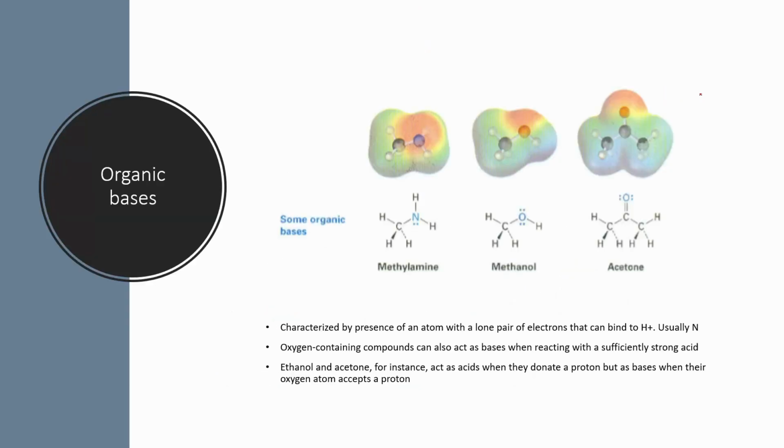Organic bases, on the other hand, are characterized by an atom with a lone pair of electrons that can bind to hydrogen. Usually this is nitrogen, because nitrogen has a lone pair. Oxygen-containing compounds can also act as bases if there is a sufficiently strong acid.